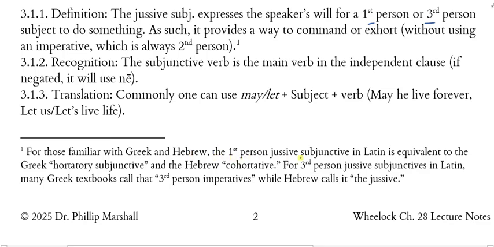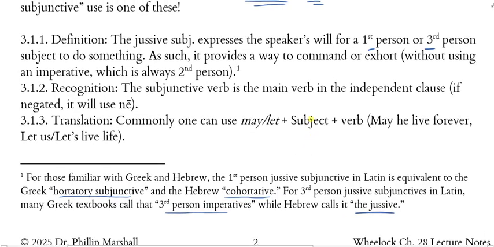The first person jussive subjunctive in Latin is equivalent to the Greek's hortatory subjunctive and the Hebrew's cohortative form. And for third person jussive subjunctives in Latin, many Greek textbooks call that the third person imperatives, while Hebrew just calls it the jussive. All right, so those are terms that you may already be familiar with.